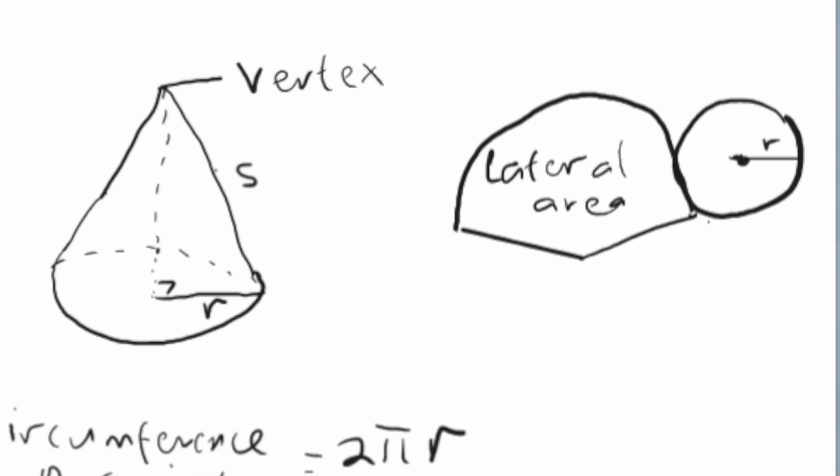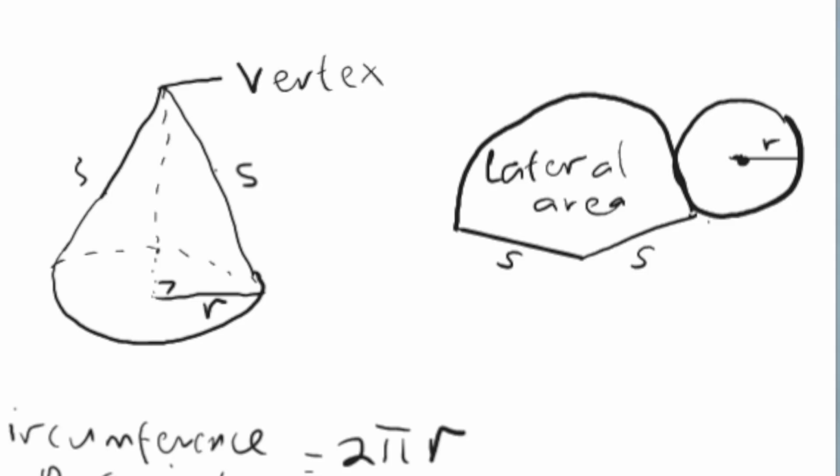If I cut the base, I get this base, and if I open up this one, this will be the slant height, because it came together. You can even use paper to make a cone and see. So this will be the slant height, and this will be the net. The circumference of the circle is 2 pi r, and that's the lateral area.